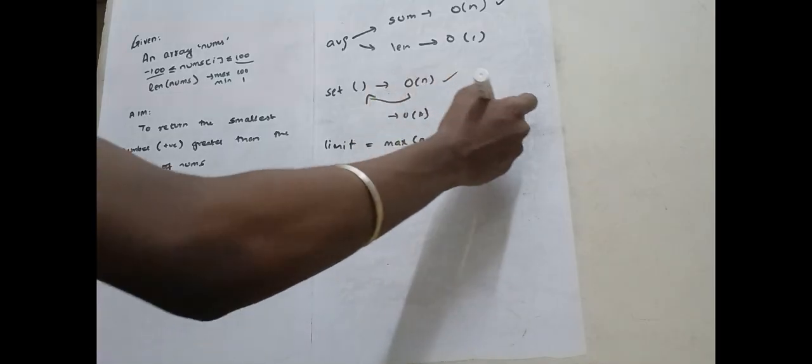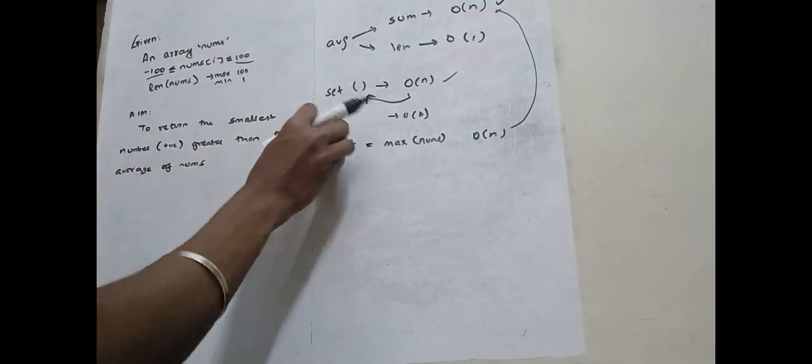Again, you can optimize it by finding it in the sum of nums itself, where you can iterate inside the array and take the maximum value accordingly. That's pretty straightforward. Again, you can take it or not, and then you have to run a loop from 1 to max of nums plus 1.